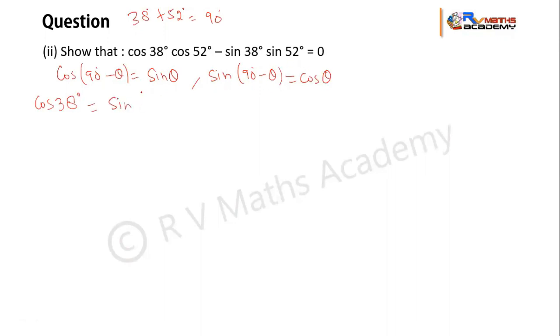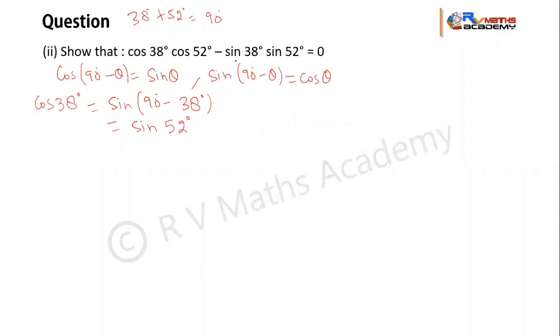So I can write it as sin 90 degree minus 38 degree. So sin 90 degree minus 38 degree means you will get sin 52 degree. Cos 38 degree is equal to sin 52 degree. Fine.